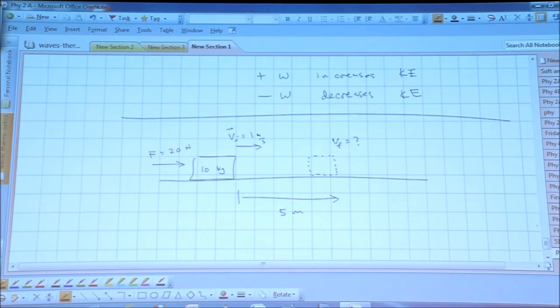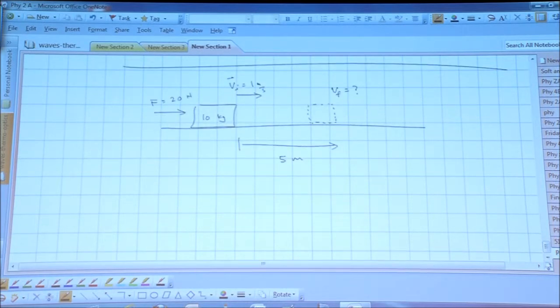And earlier we found the work done. What was the work done in this case? Five times 20 times 1, right? 100 joules, positive.